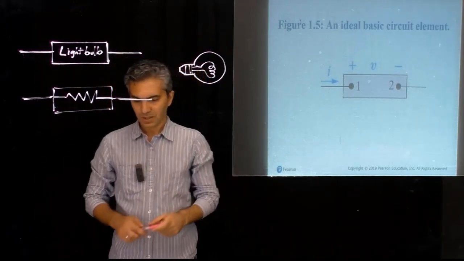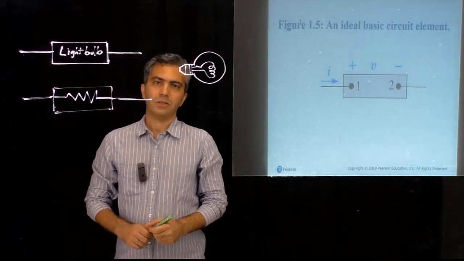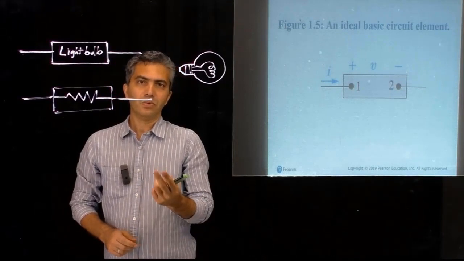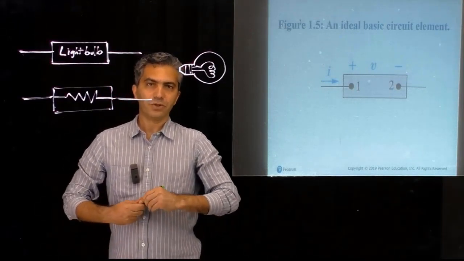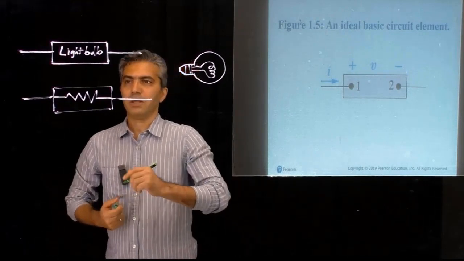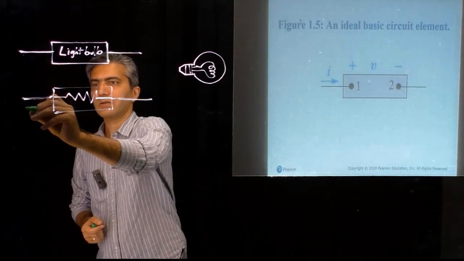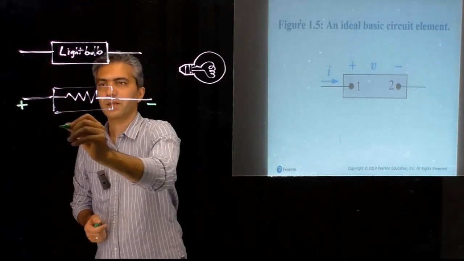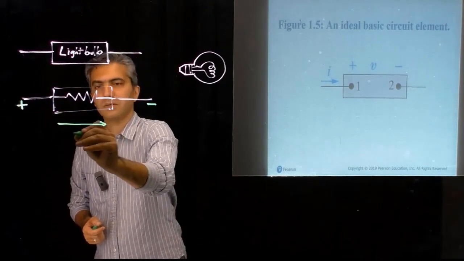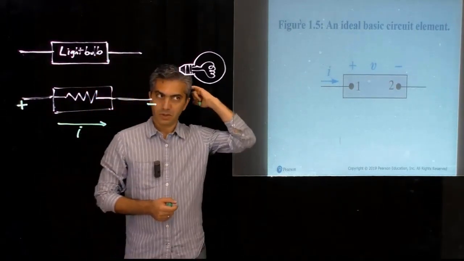Now, that said, in the electrical domain, we deal with two physical quantities. One is called voltage or potential, or potential difference, and the other one is the current. So let's quickly define what that is. Here you want to pay real good attention.